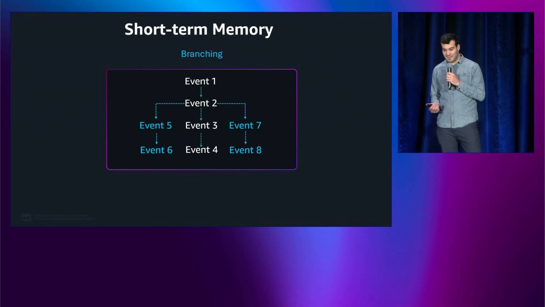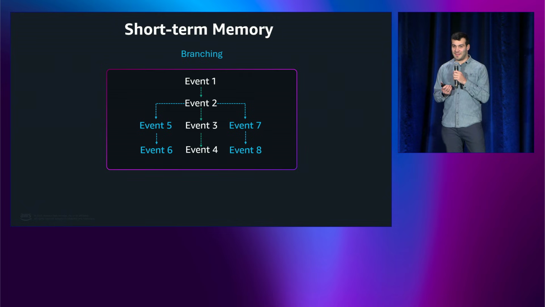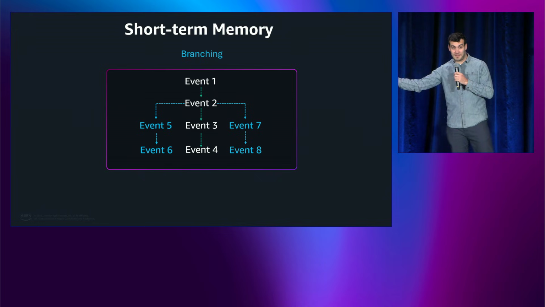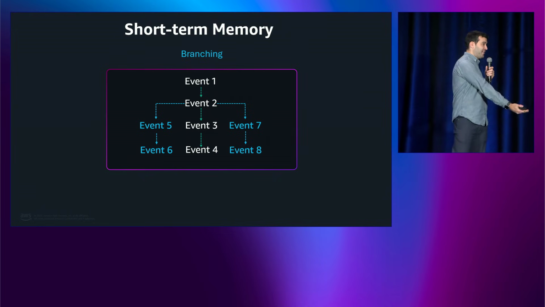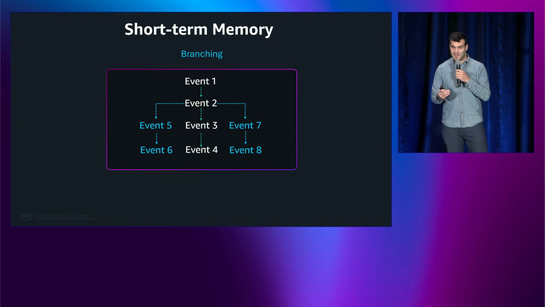So what that means is, let's say I put in some effort for this presentation, and I wanted to get the agent to go off and build me one presentation on getting a golden retriever puppy, one presentation on getting a Siberian husky puppy, and maybe one presentation on getting a German shepherd puppy, though I doubt that last one. AgentCore can do that with branching and maintain logical separation.